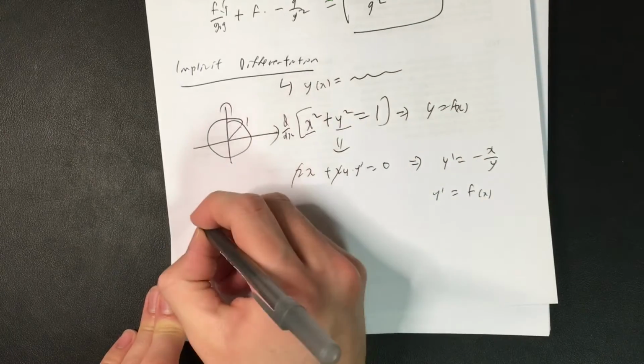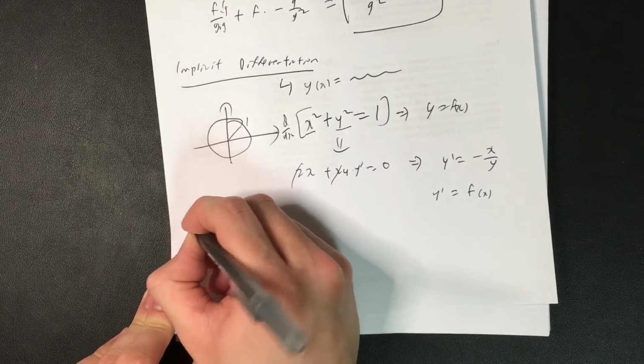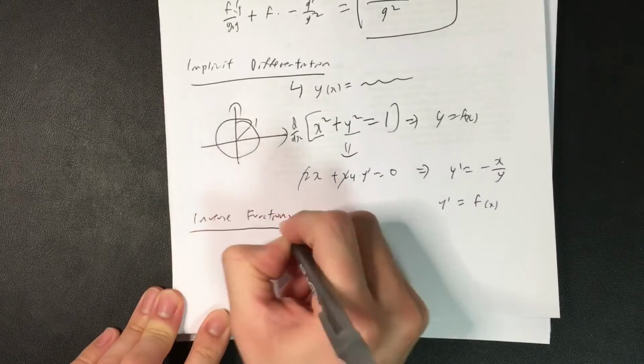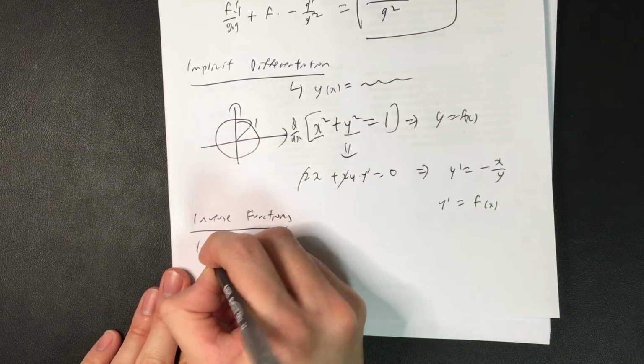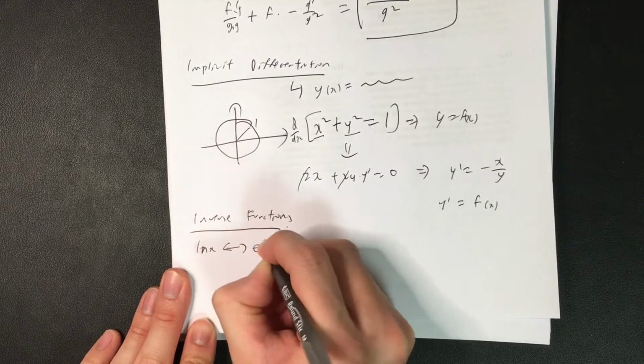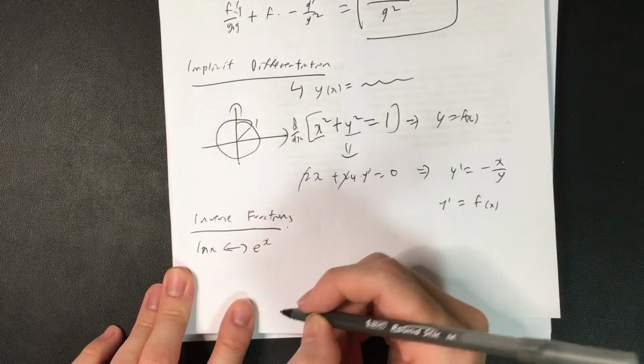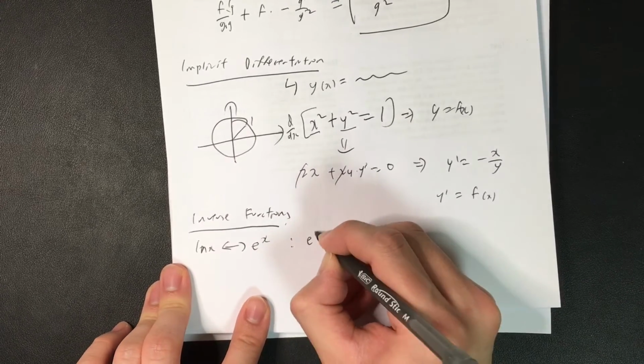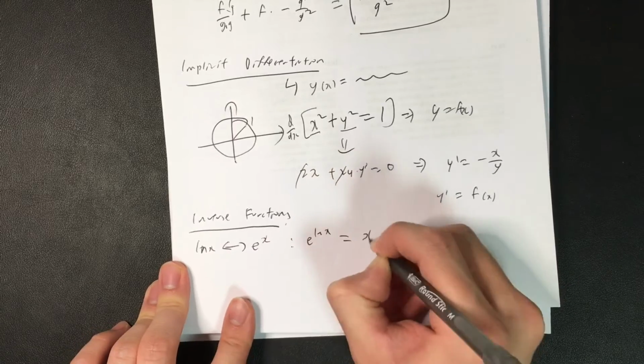Now the last application is getting the derivative of inverse functions. So for example, the natural log of x is the inverse function of e to the x. So therefore, from the definition of an inverse function, e to the ln x equals x.